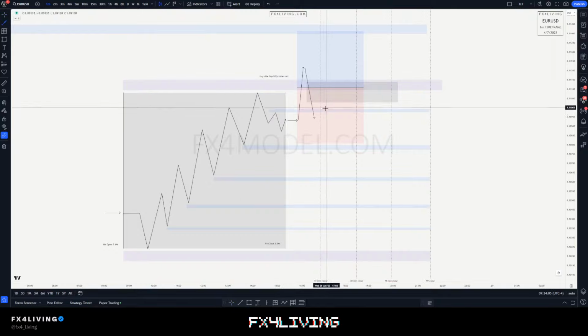Price comes back here into this fair value gap, and then boom, price retargets this low, all those lows here. And what's next? Boom, those people are out. This was a winning trade actually.